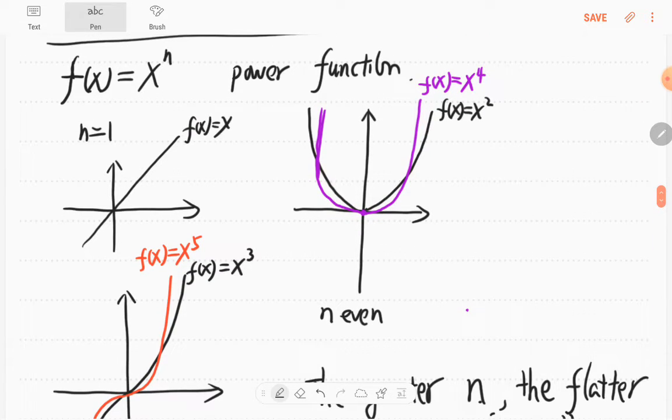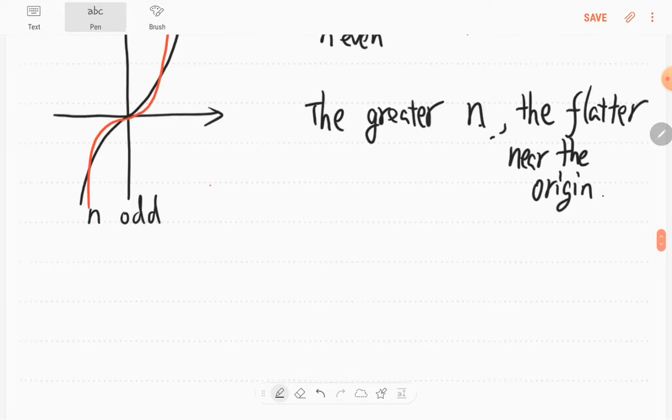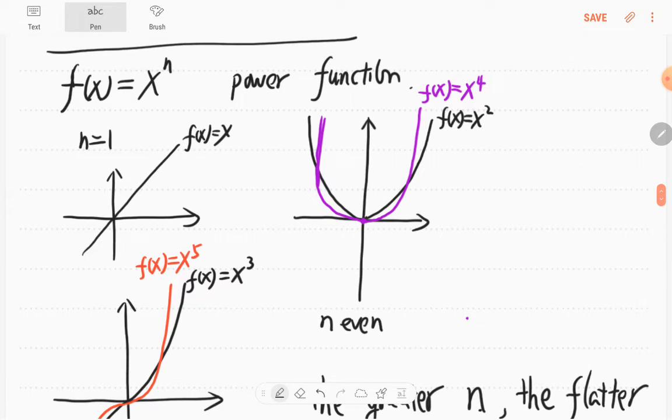We have some basic ideas of the graph for the power function. If n is an even number, it always is a parabola-like curve, but the greater n, the flatter near the origin. In other words, if n is increasing and is even, then the curve becomes flatter near the origin.